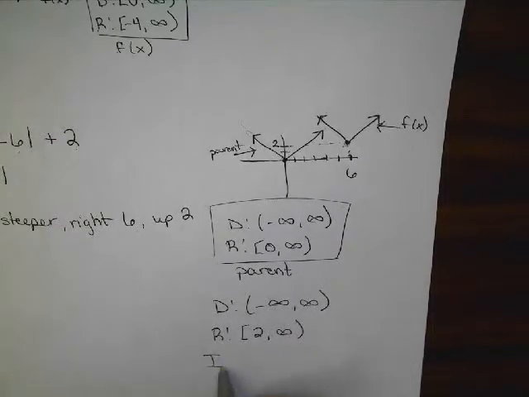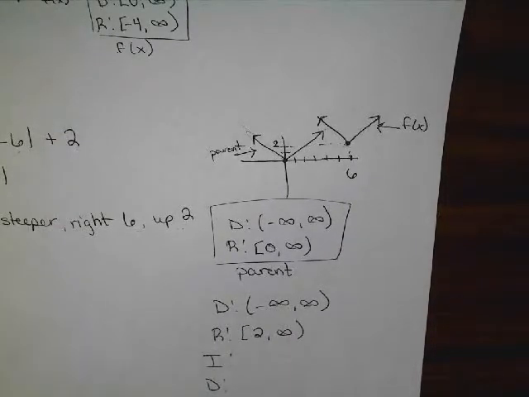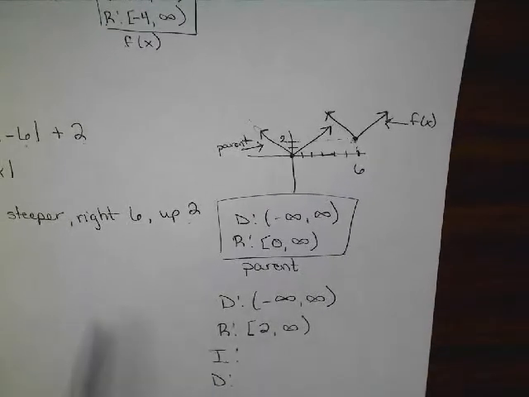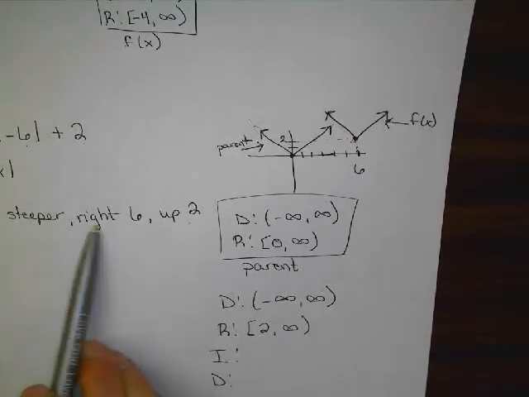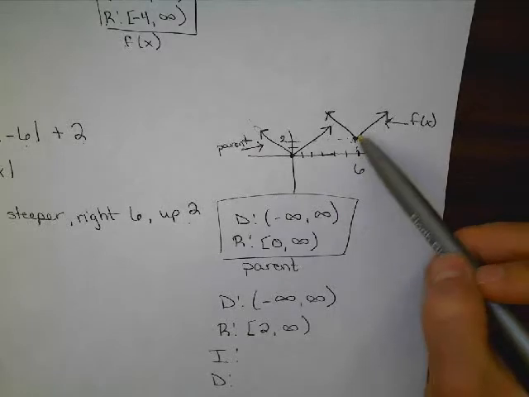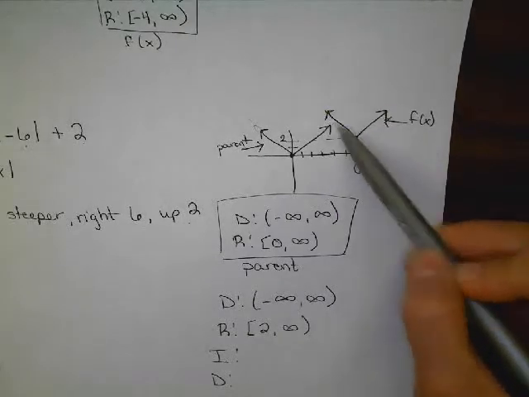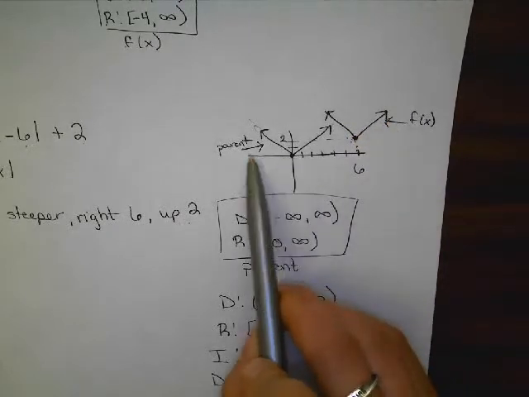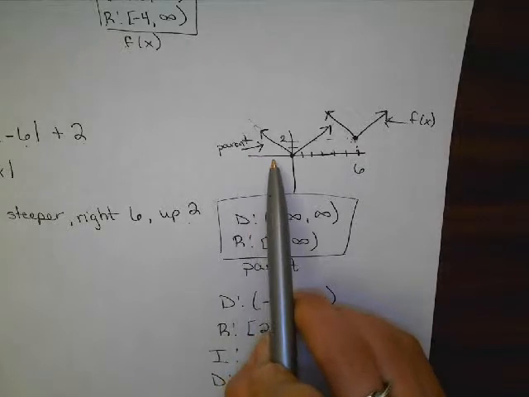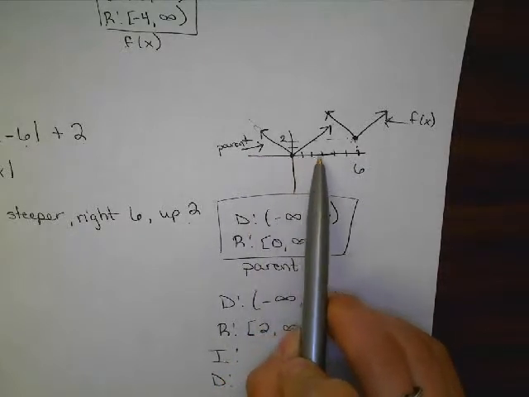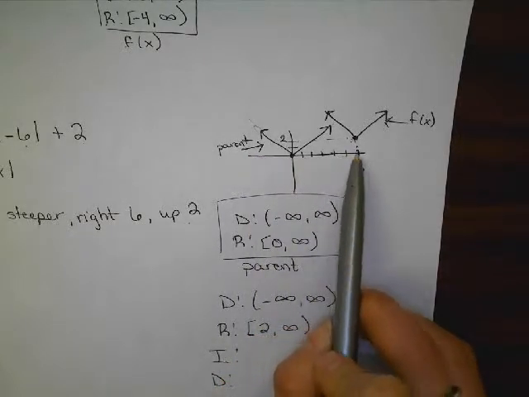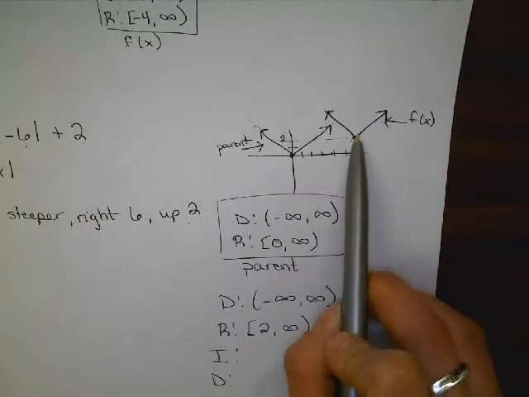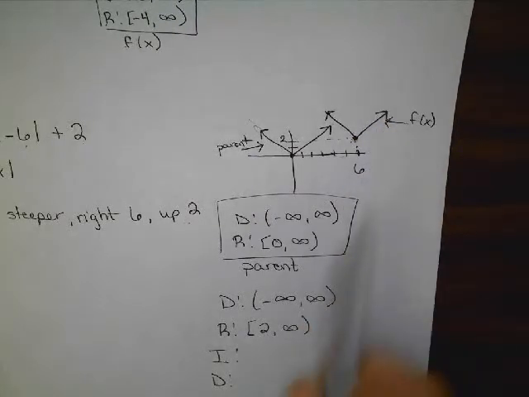Now if I were asked if it's increasing or decreasing, like we asked in class, that is where this right 6 is going to come into play. If I look at my absolute value function, the f of x here, not the parent, just the transformed f of x, it starts increasing if I start over here on the x-axis, because increasing has to do with the x-axis. Right here at 6 is when my graph starts increasing.